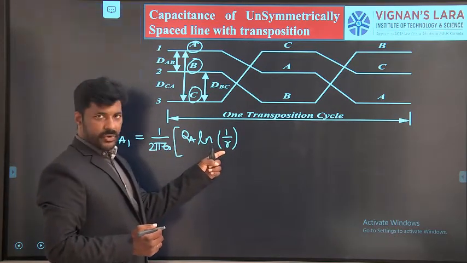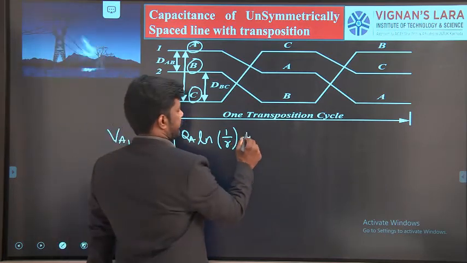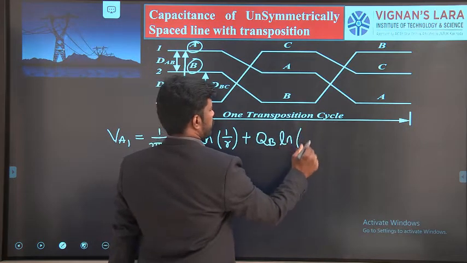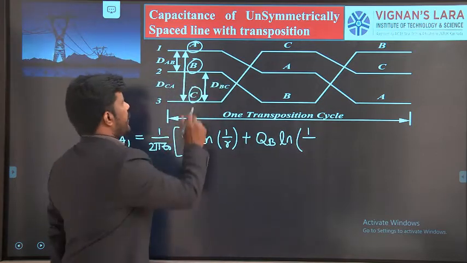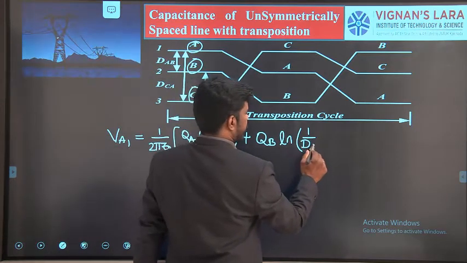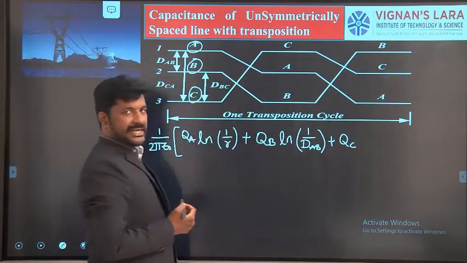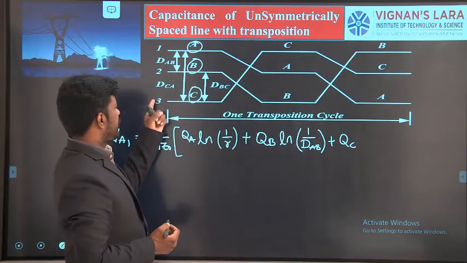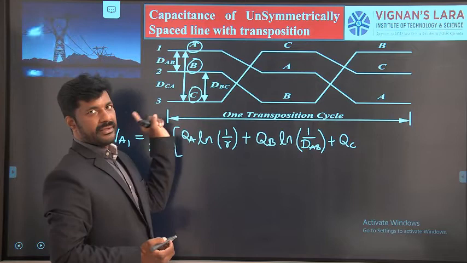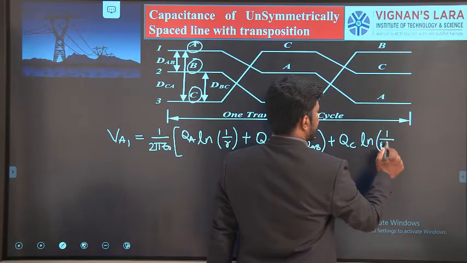Self-charge will have its own radius as the distance in the natural logarithmic term, plus the mutual conductor having a charge of QB ln of 1 by its distance from B to A. B to A, the distance is identified as DAB. And next, another mutual conductor is conductor C, having a charge of QC with a distance of DCA, between C and A in section 1. Then we can write this as QC ln of 1 by DCA.